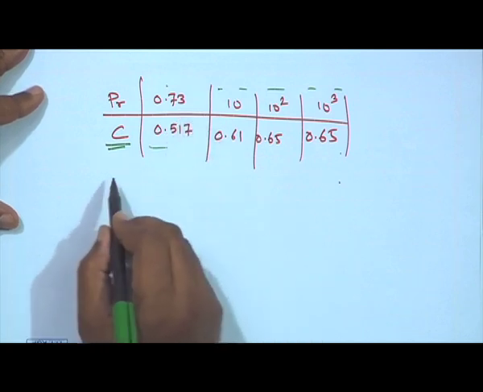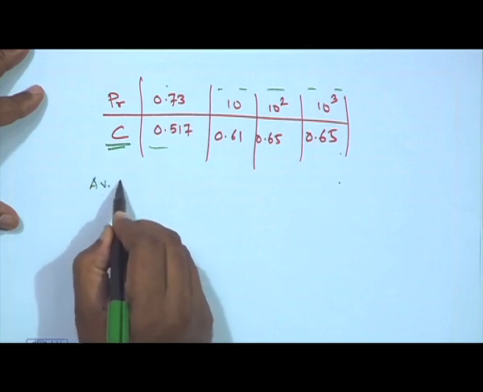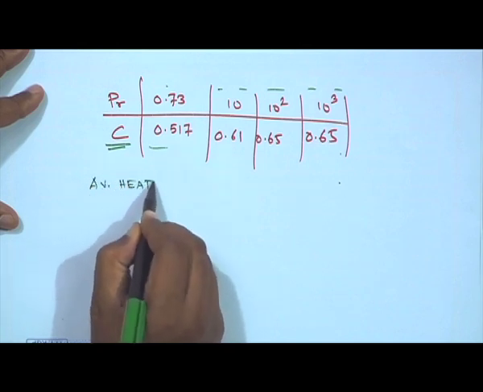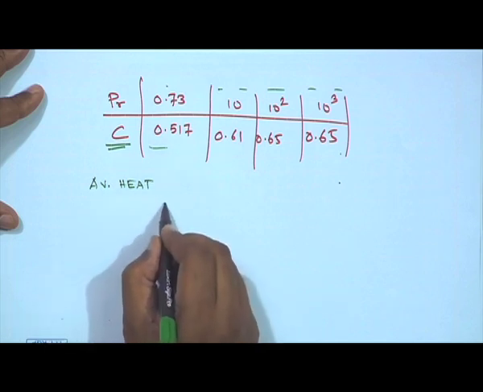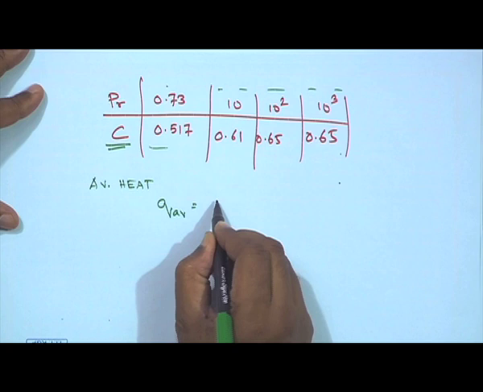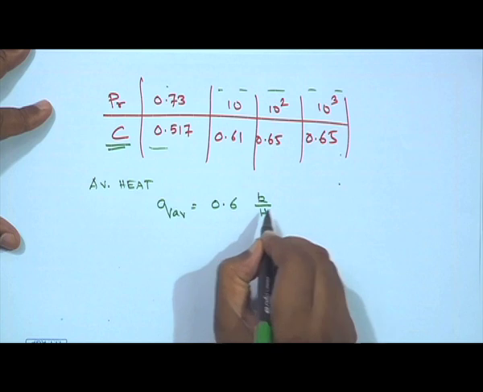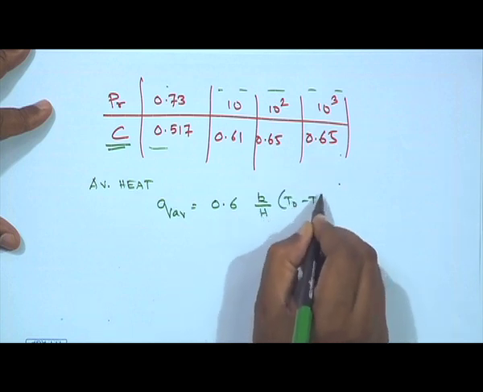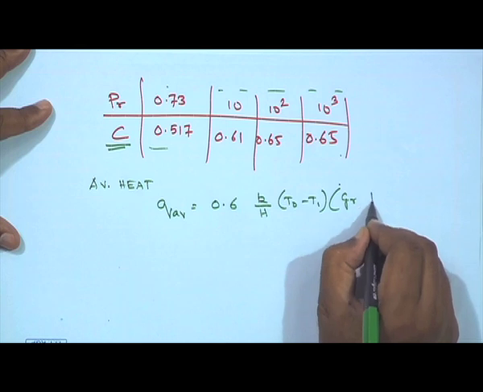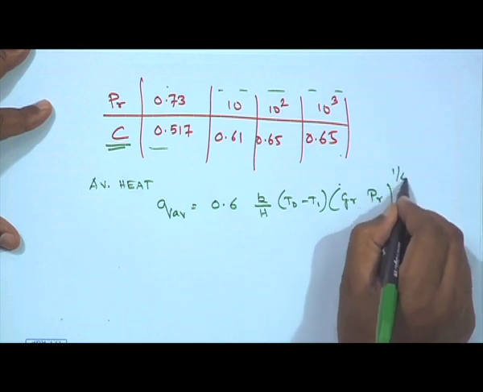So, the average heat flux from a vertical plate would simply be equal to 0.6 times K by H, T0 minus T1, Grashof number Prandtl number to the power 1/4.